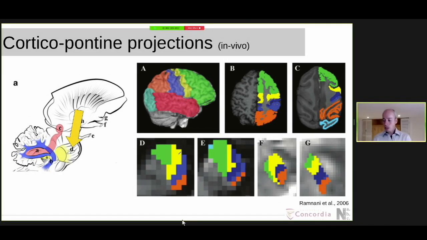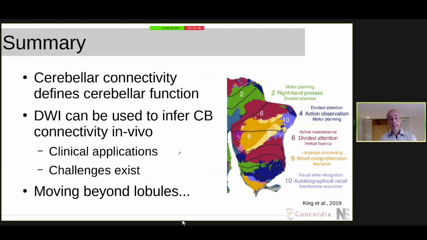All right, so just to sum that up, I hope that you'll see here that cerebellar connectivity defines the function of different cerebellar regions, and that DWI can be used to infer cerebellar connectivity in vivo. I think that this has lots of potential clinical applications.